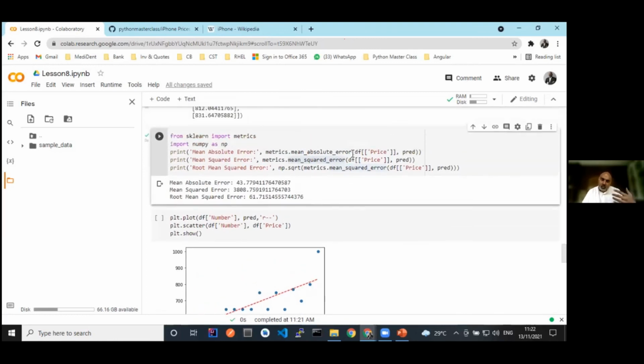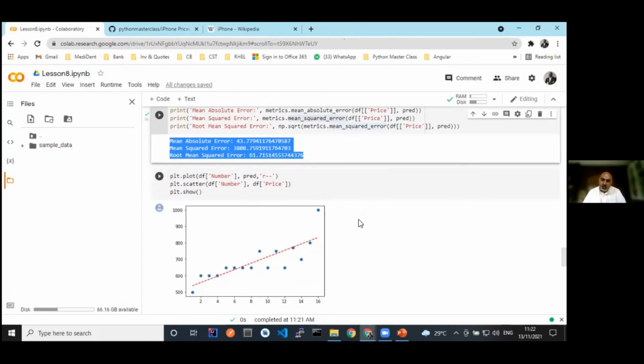So this is what machine learning is. This is the current prediction for all 16 points. If I wanted to improve my prediction, I do what we call regularization. Regularization means that I'm taking off points that are out of the normal, abnormal behavior.